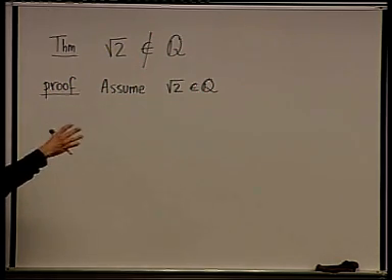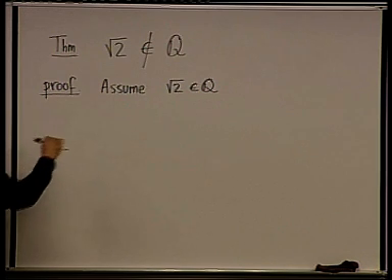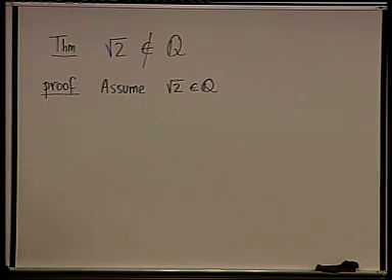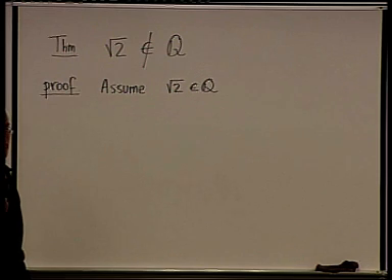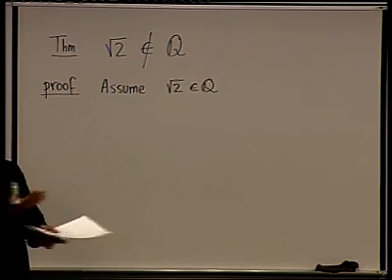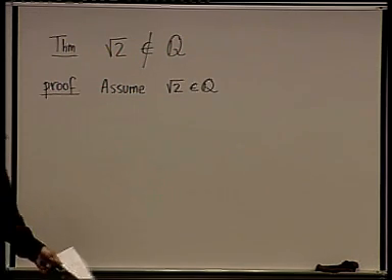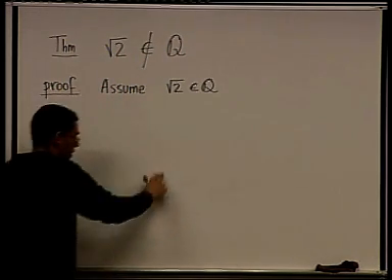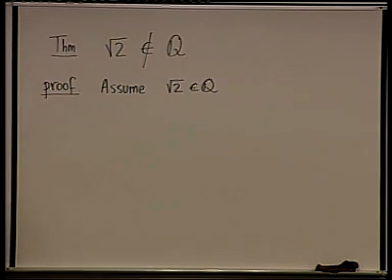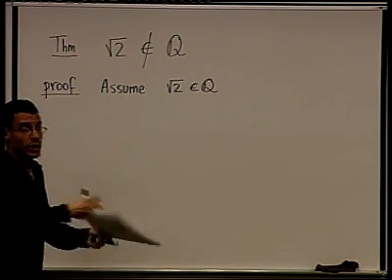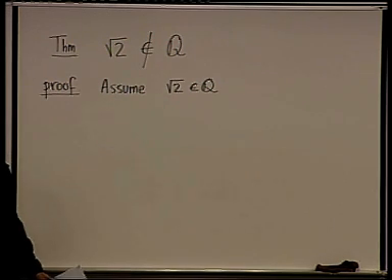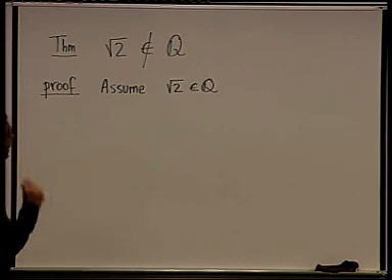If, using this assumption, I can deduce by logical steps something which we know for a fact of life is suddenly not true, so if I can do this and suddenly get to 1 equals 2, that means that my original assumption was false. Okay? If I get to a contradiction, that means that my original assumption was false. Do you agree? Okay, so that's what's called proof by contradiction.